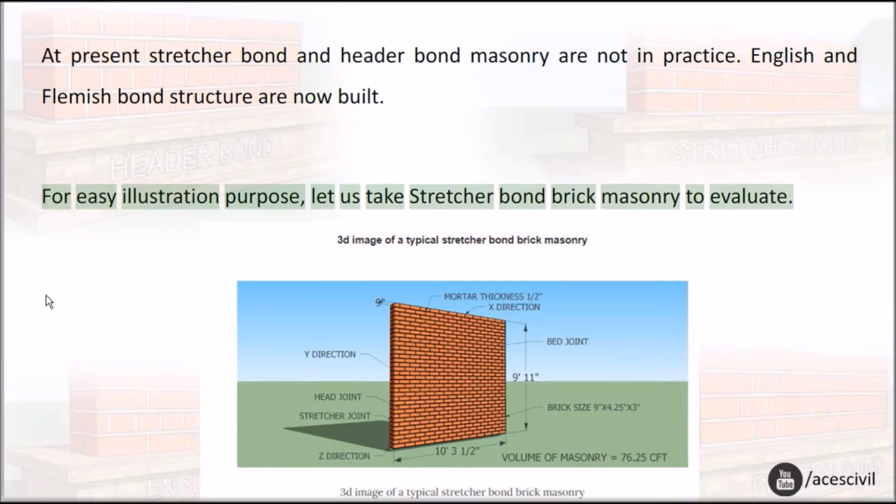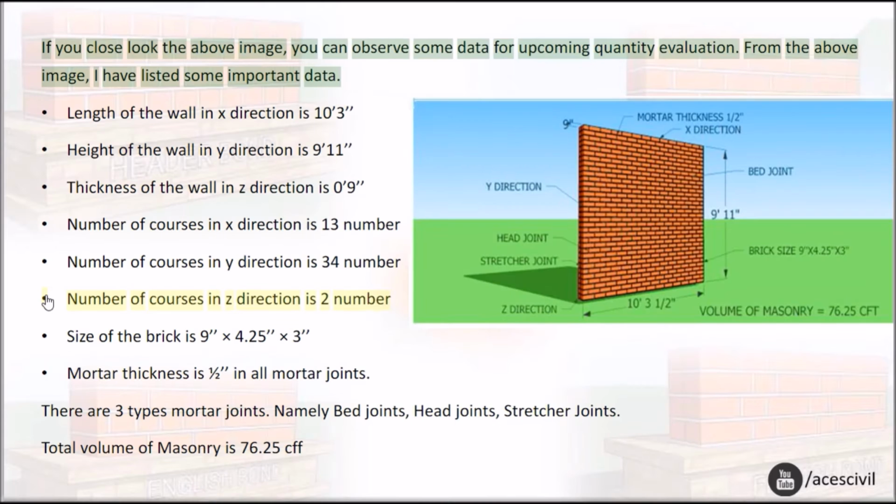For easy illustration, let us take stretcher bond brick masonry to evaluate. If you look closely at the above image, you can observe some data for the upcoming quantity evaluation. From the above image, I have listed some important data. Length of the wall in its direction is 10.3.